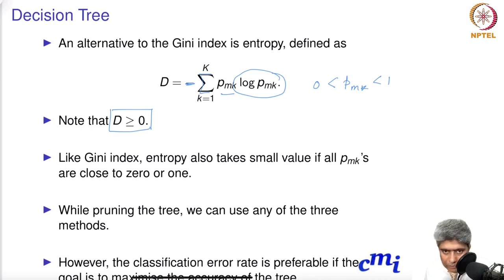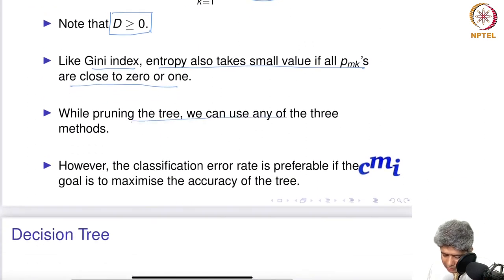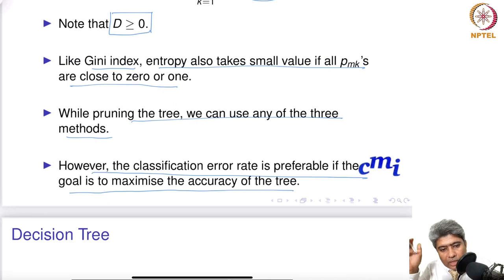Negative times negative is positive, so the whole thing is always greater than or equal to 0. Like the Gini index, entropy also takes small values if PMKs are close to 0 or 1. While pruning the tree, we can use any of the three methods. However, the classification error rate is preferable if the goal is to maximize the accuracy of the tree.